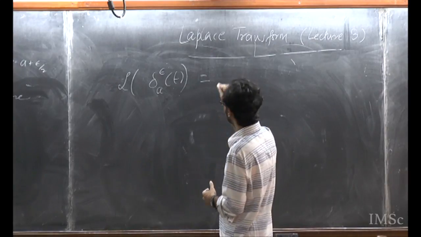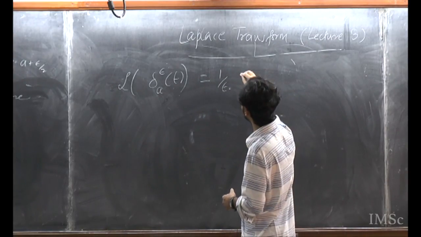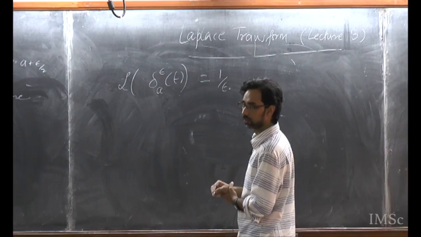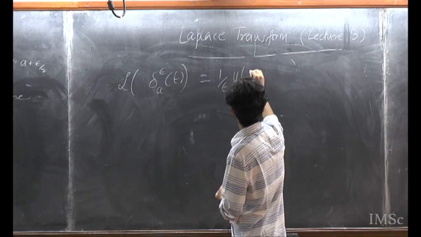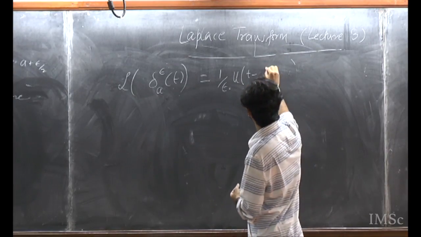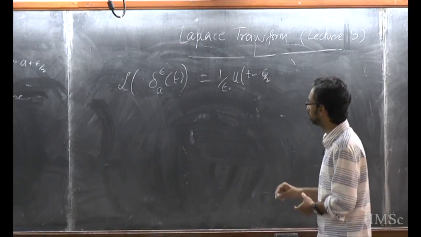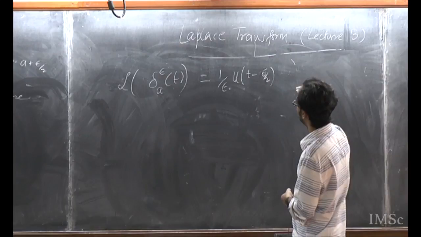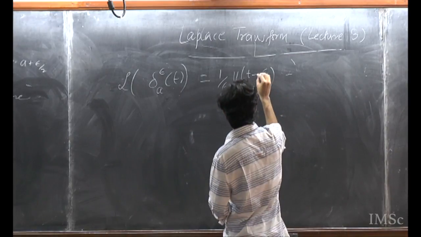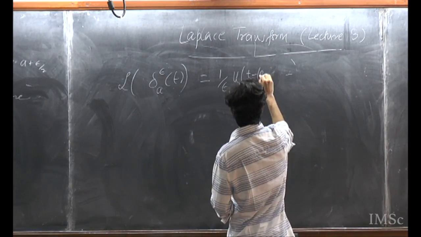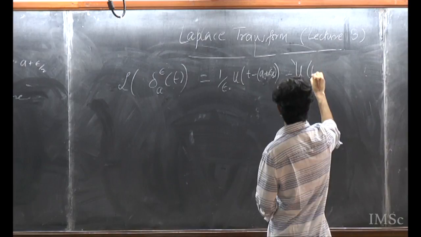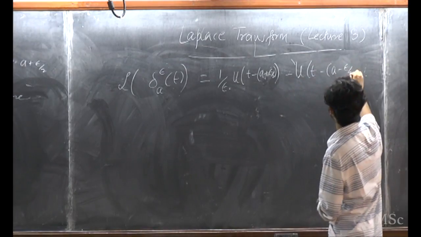What will it be? 1 by epsilon times u of t minus a plus epsilon by 2 minus u of t minus a minus epsilon by 2.